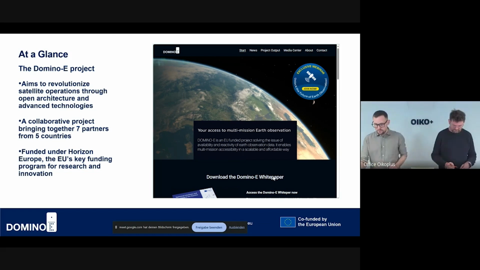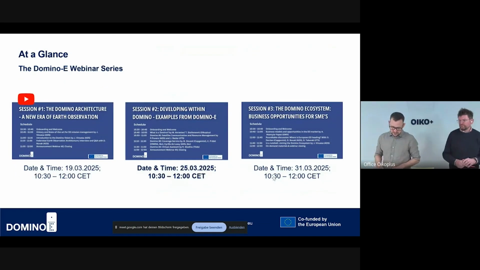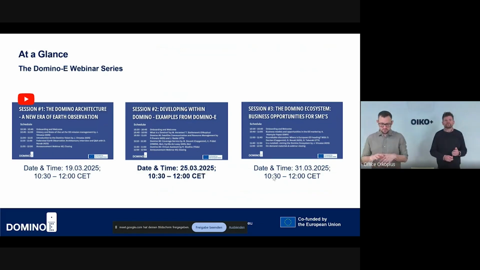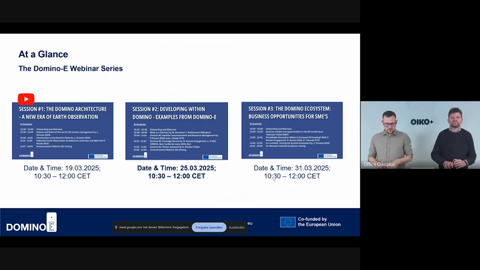Now, in our very first session last time, we looked very much at the big picture challenges of Earth observation, in the history but also contemporary challenges. We talked about rising data volumes, the need for real-time access, for lower costs, and also for greater flexibility needed in Earth observation.